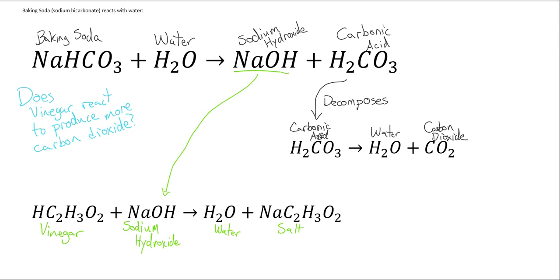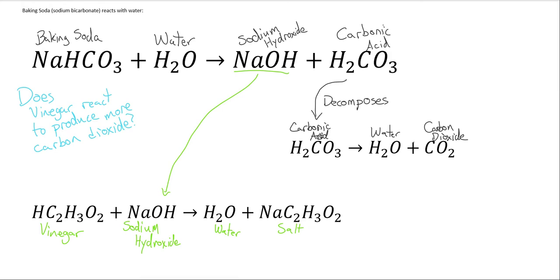But this is odd. That's not any extra carbon dioxide. If the vinegar isn't creating carbon dioxide, and our first reaction didn't make enough carbon dioxide, what is vinegar doing here? Why is it helping things move along with making enough carbon dioxide to put out the flame?